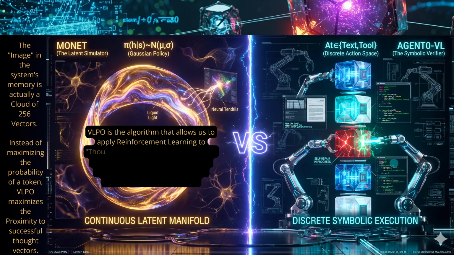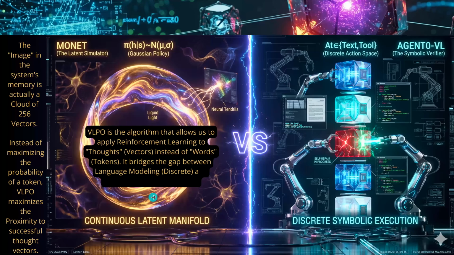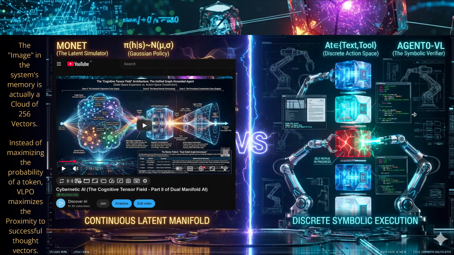So VLPO is the algorithm that allows us to apply reinforcement learning to thoughts, to vectors, instead of words with tokens. This bridges the gap between language modeling in a discrete space and a new control theory in a continuous space.